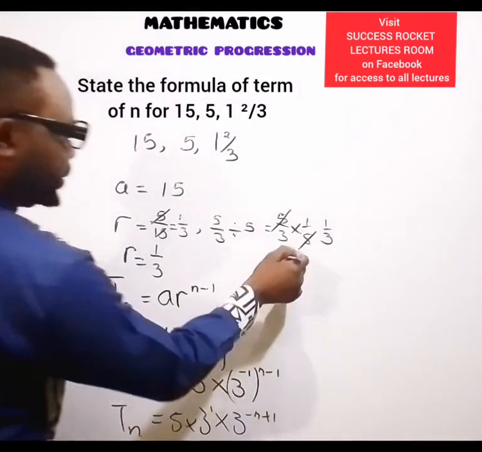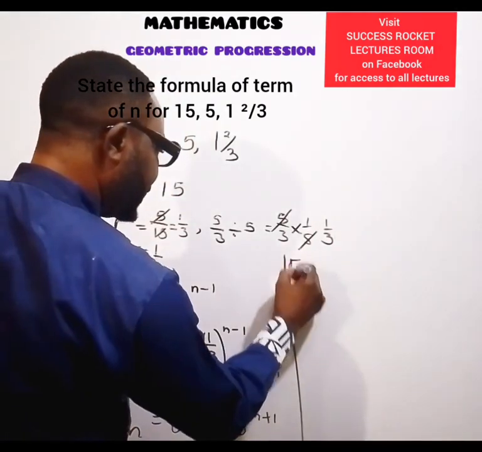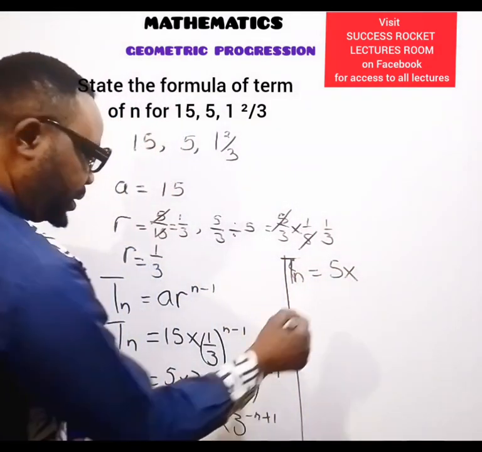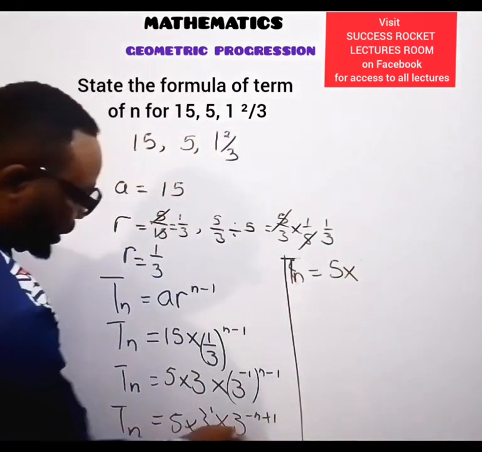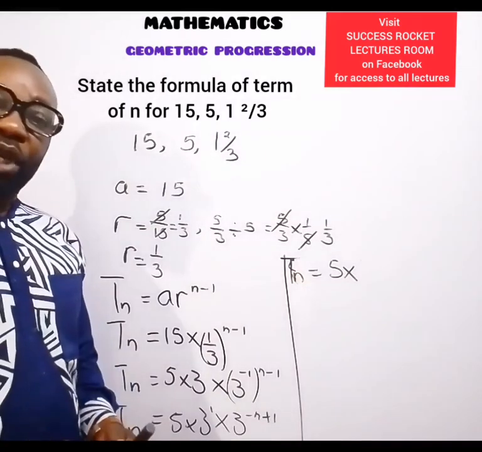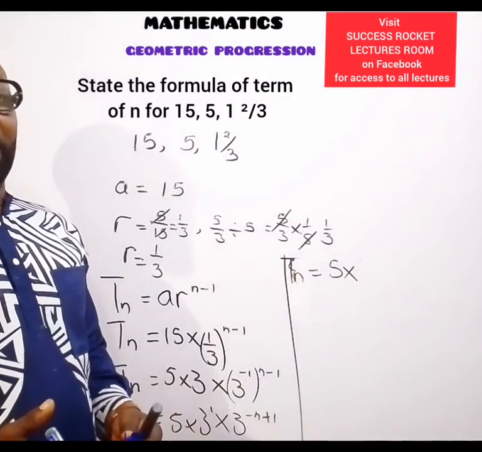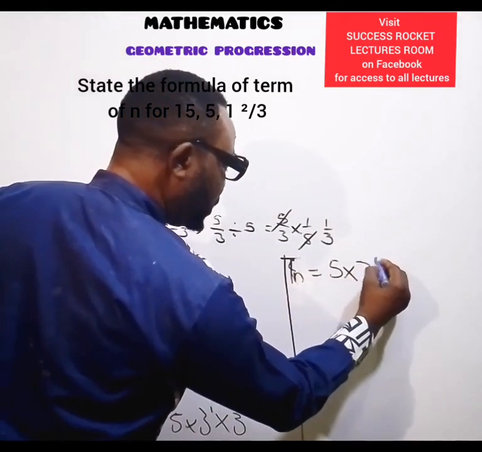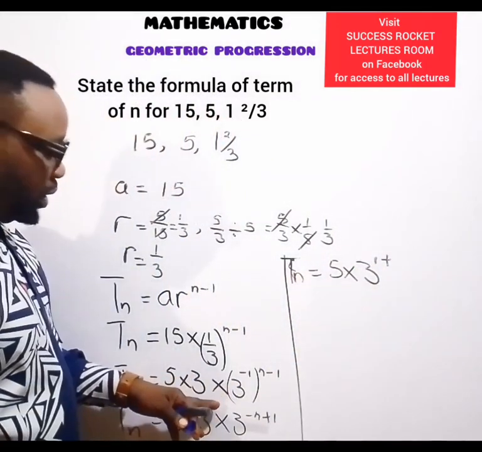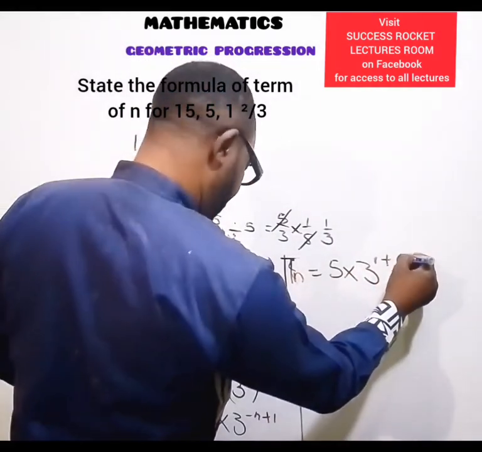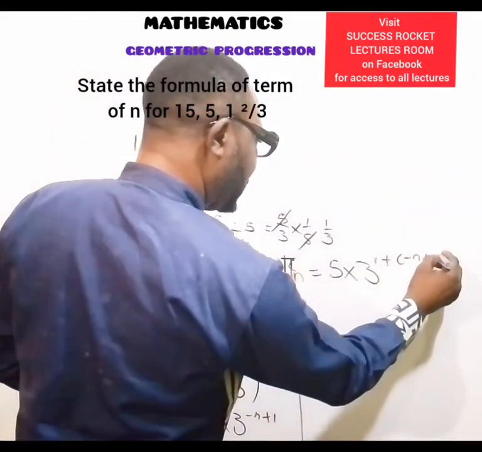So we are having now 5 Tn. N term is equal to 5 multiplied by, since we are having this value to be equal to one another, we are going to apply our multiplication rule as we have it in the laws of indices. 3 raised to the power of 1, that multiplication will turn the value at the power to positive, plus minus n plus 1.